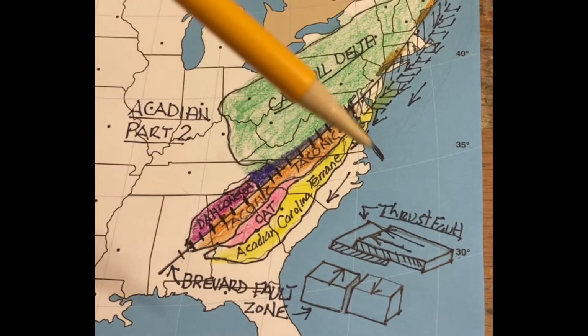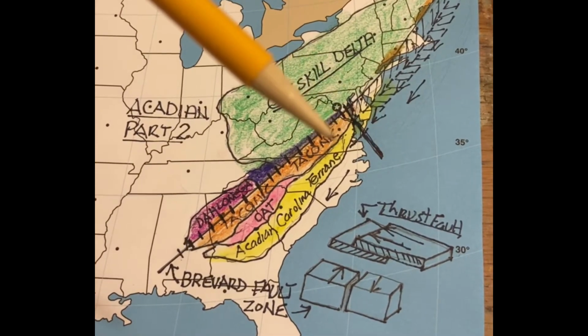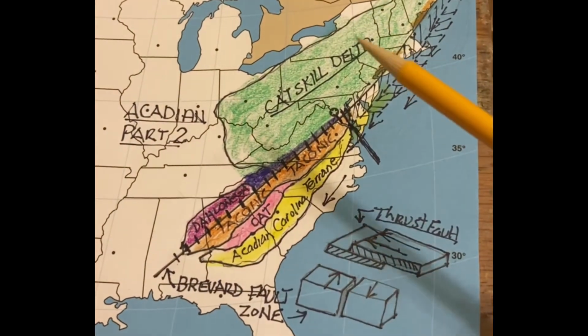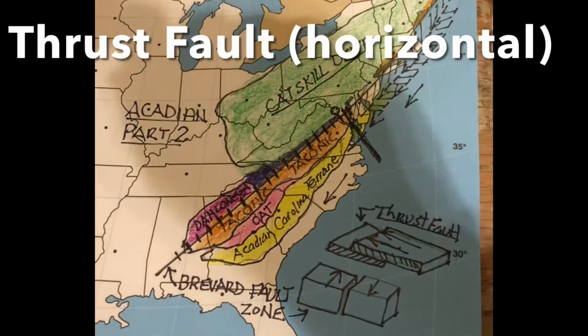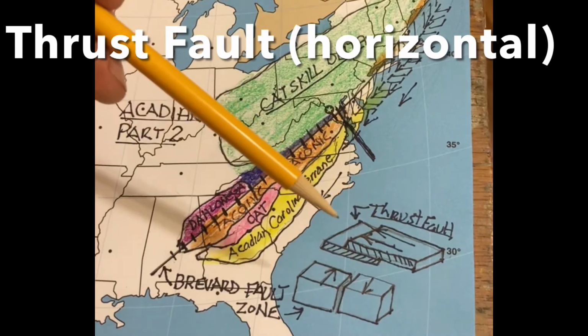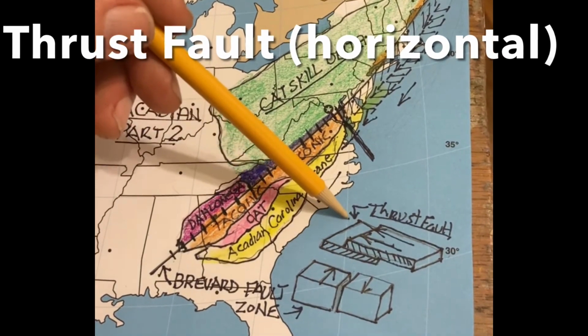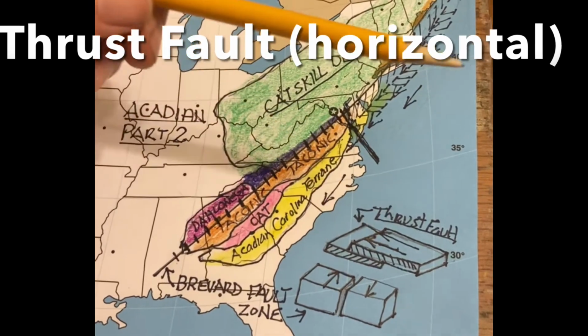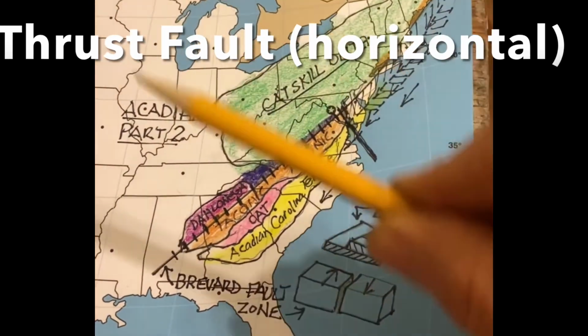Okay, during Taconic, when the island arc was pushed onto the continent like this, that's a thrust fault, and it looks like this. Here's the continent, here's the Taconic mountains thrusting to the west. It's a thrust fault.